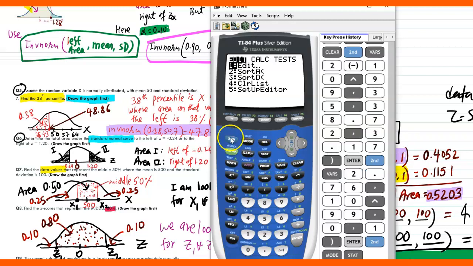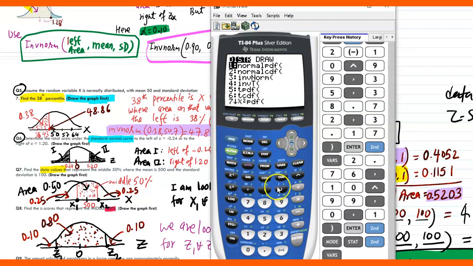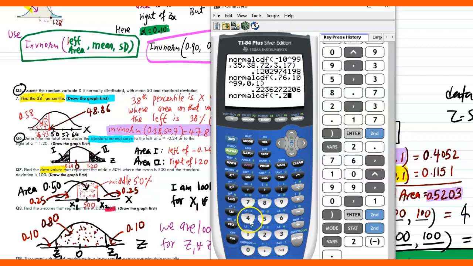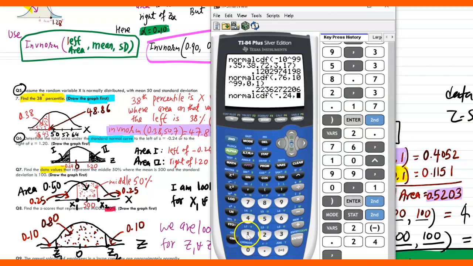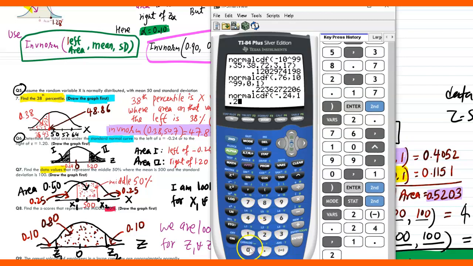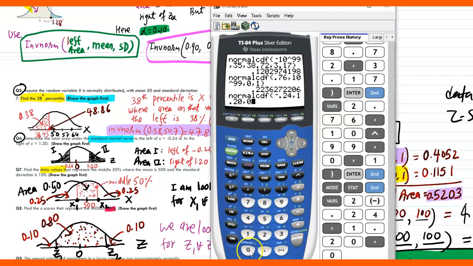Like question number 2, to find the middle white area, lower bound negative 0.24, comma, upper bound is 1.20, comma, mean is 0, comma, standard deviation is 1.